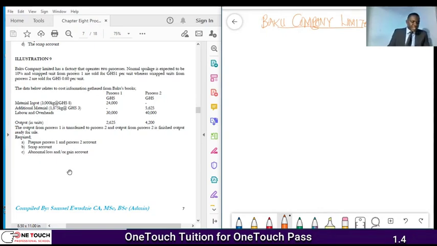Good. So let's look at this. Now, let's look at process 1 account. So I have my process 1 account here.